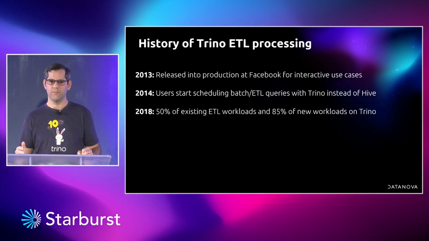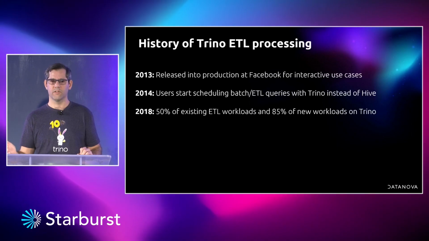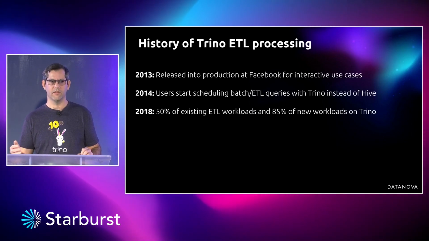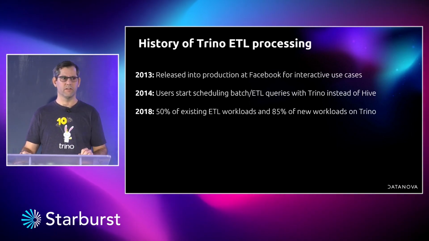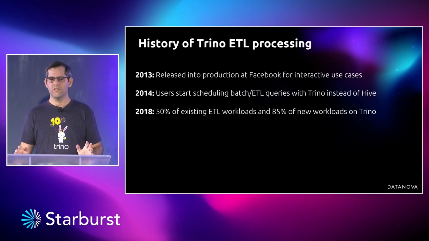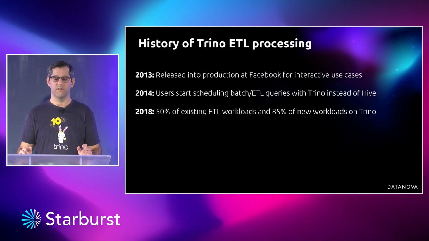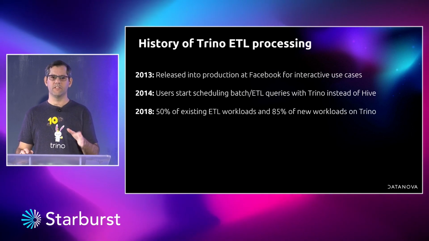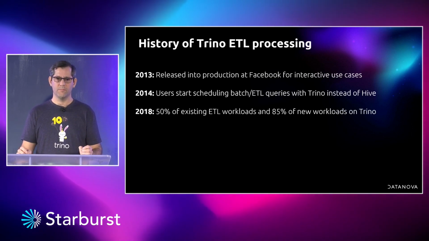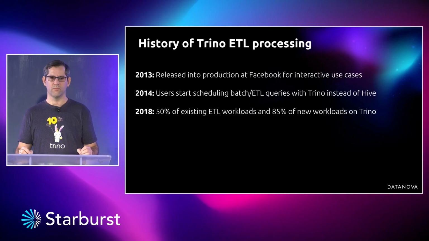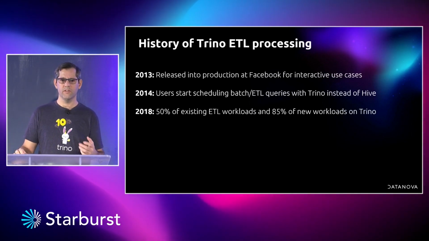So we saw some grassroots efforts, where people started using Trino itself for batch workloads, developing data transformation pipelines directly in Trino. This was not something we meant to tackle in the beginning, but it just happened organically. Around 2017, we said, okay, we're seeing a lot of people interested in being able to do their work in Trino.